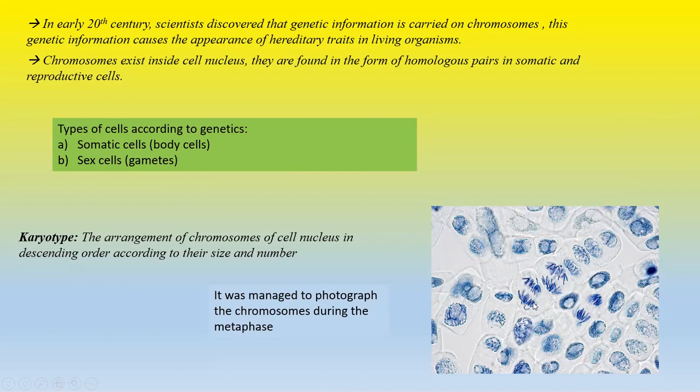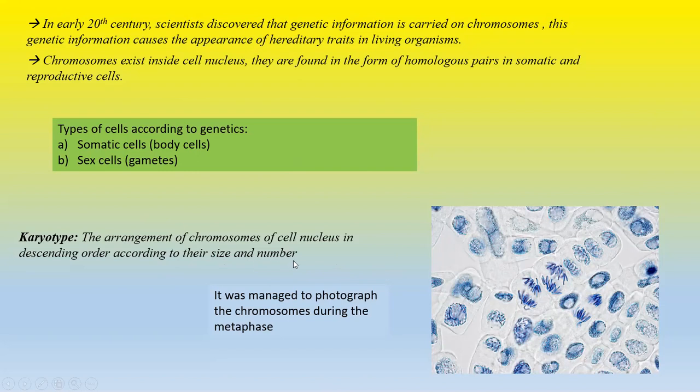They found that chromosomes are arranged descendingly according to their size and number. It means the chromosomes of each cell are arranged descendingly according to their size and they number them.